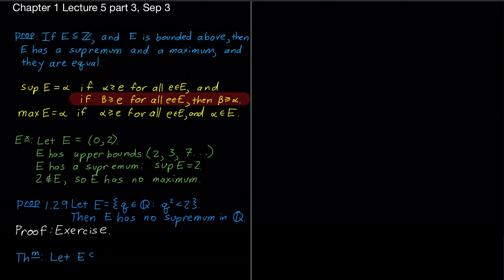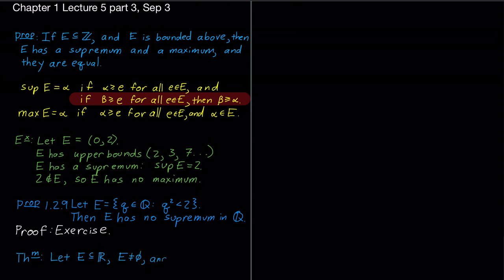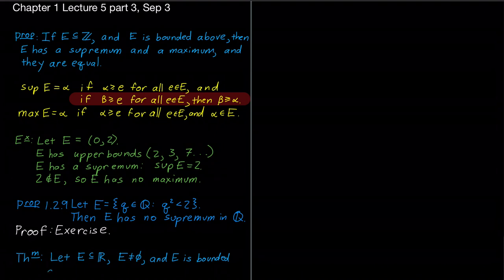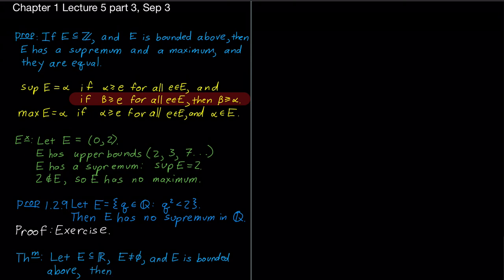So this theorem says that if E is a set of real numbers, it's not empty, and it is bounded above, then the supremum of E exists and is in R.